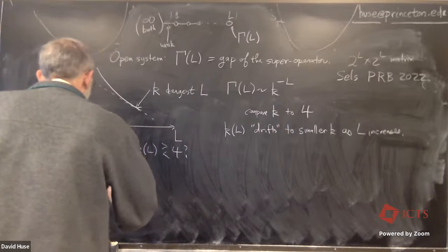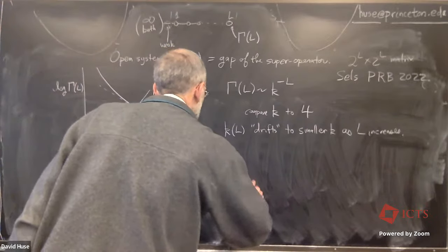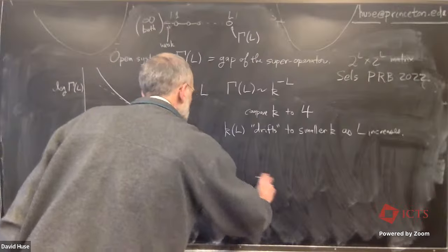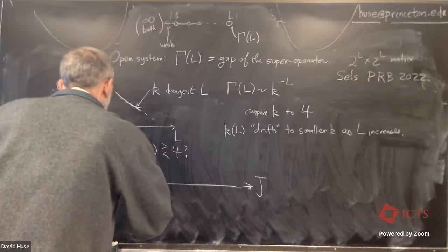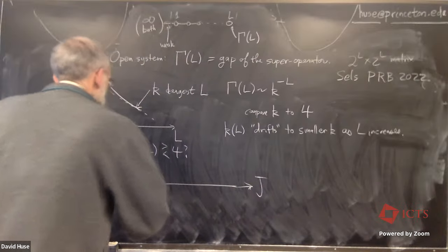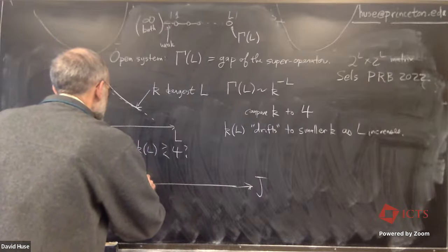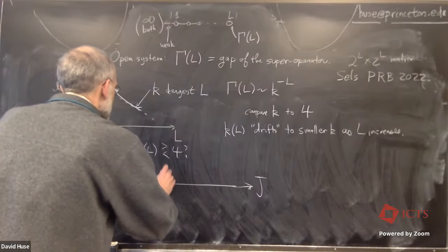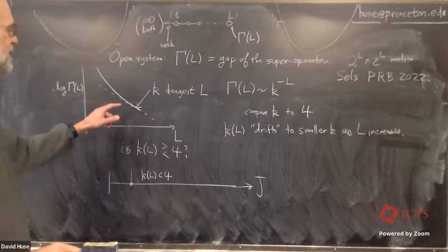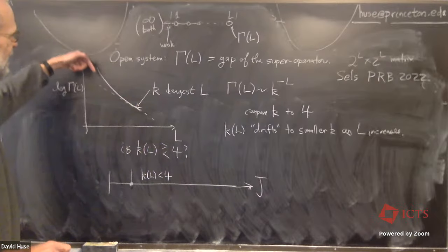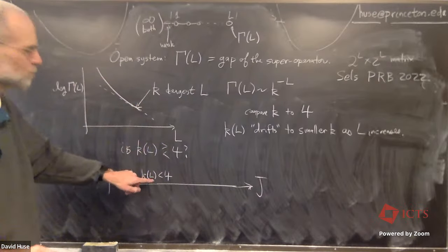And again, going to the phase diagram here. So here's J. Okay, so there's a regime where we can see k of L is less than 4 at the sizes we can access, and it's curving this way, so it's going to stay below 4.